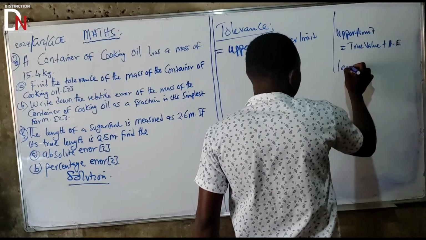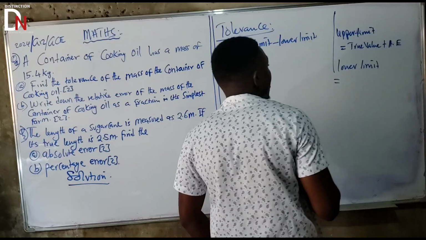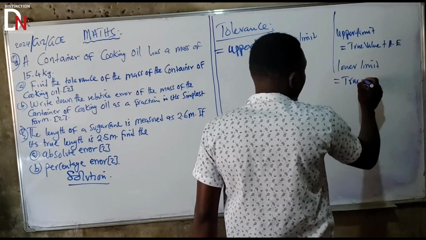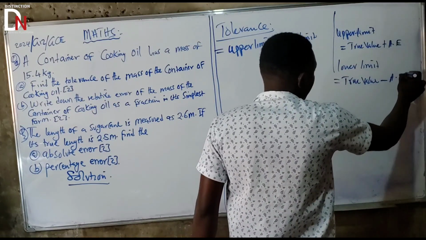Similarly, the lower limit is equal to the true value minus the absolute error.